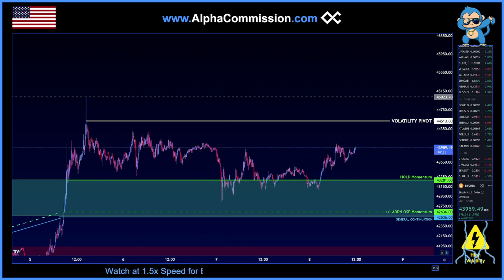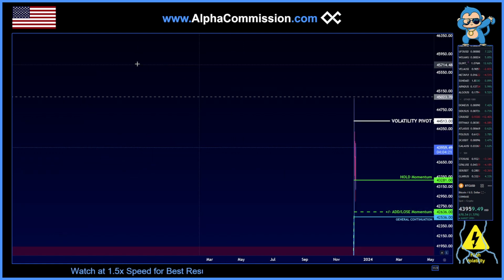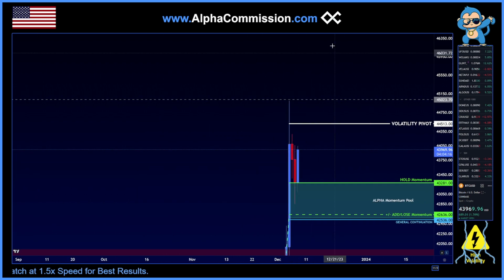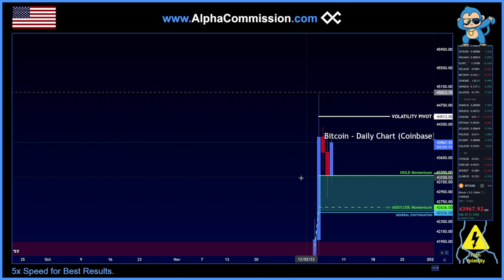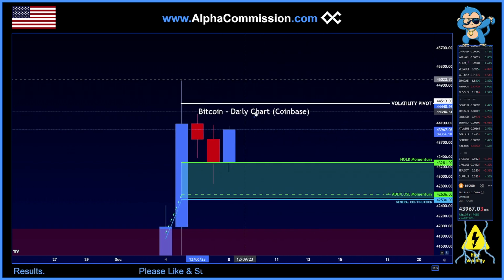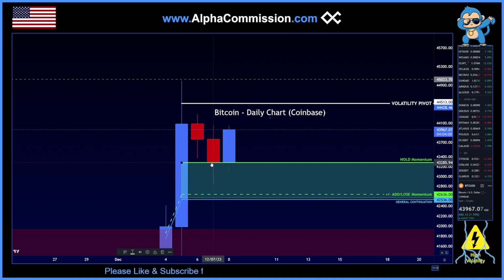And so for the assessment purposes, we're using the daily chart to bring clarity. So if we're using the daily chart, right now we've cleaned up a lot of that noise that might exist on the 5-minute. And so you 5-minute traders, you might be frustrated by my hold momentum level. But if you're on the daily, nothing.